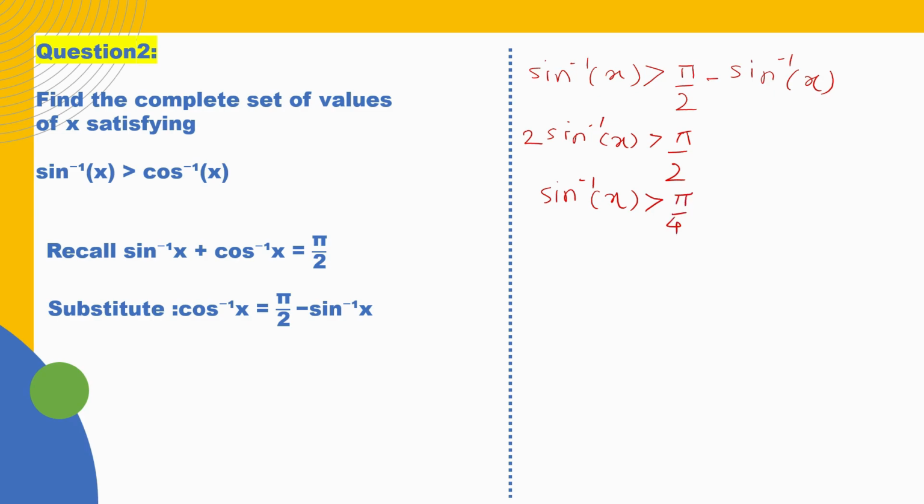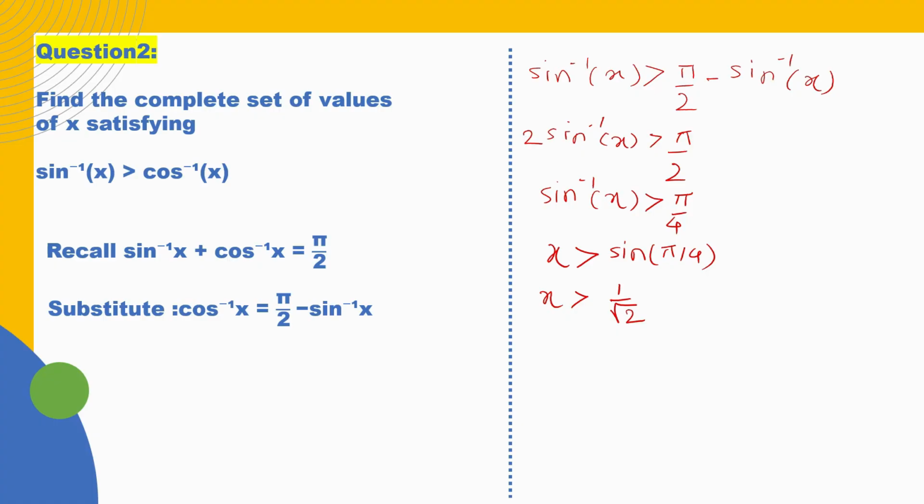Now we need to find the value of x, so take the sine on both sides. So we have sine of sine inverse of x, which is equal to x, that is greater than sine of pi/4. And you know the value of sine pi/4 is equal to 1 upon root 2. So our x is greater than 1 upon root 2.